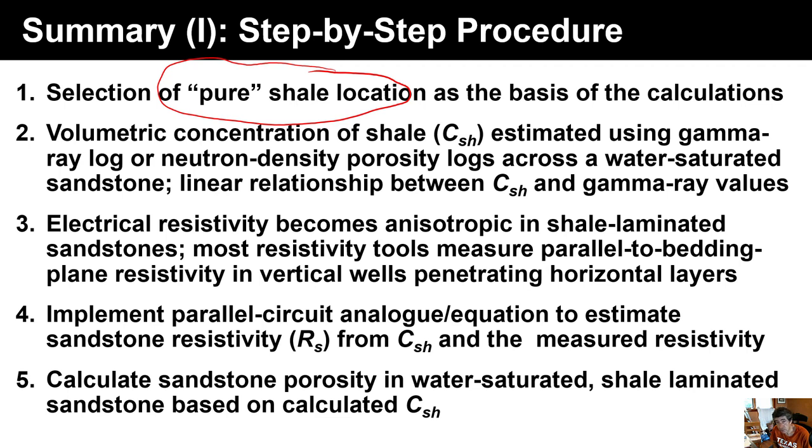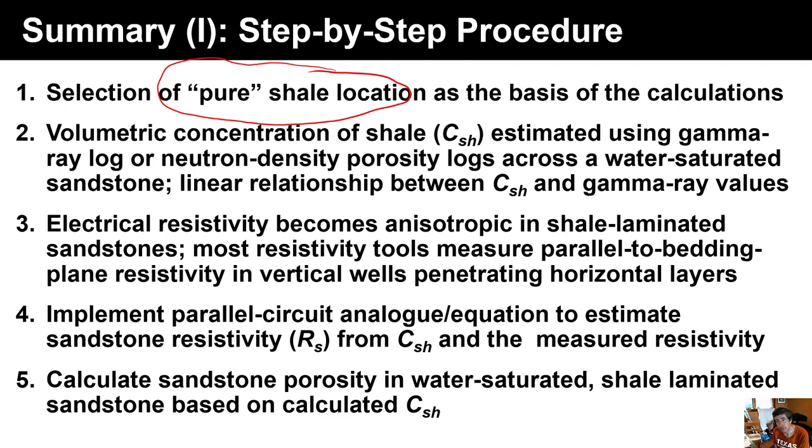I show you two cases, two possibilities of calculation. One is to use the neutron and density logs in a water saturated sandstone, or if we have a clean sandstone, then we can use the gamma ray logs to calculate the volumetric concentration of shale using the linear mixing law.